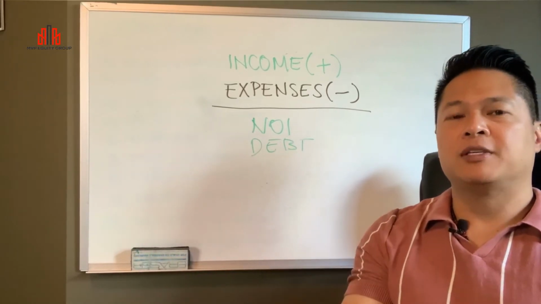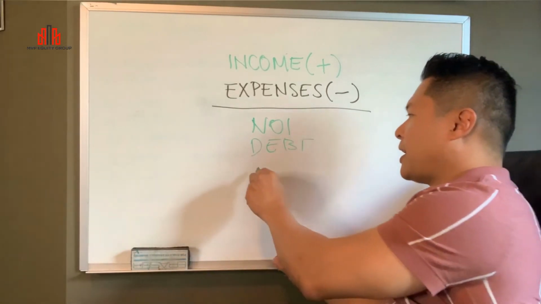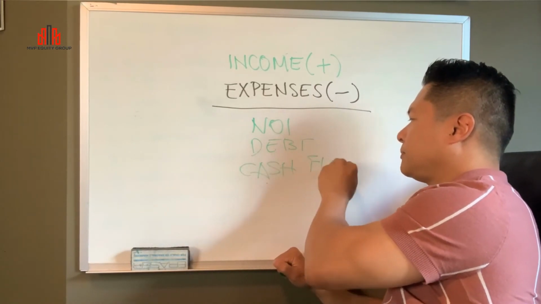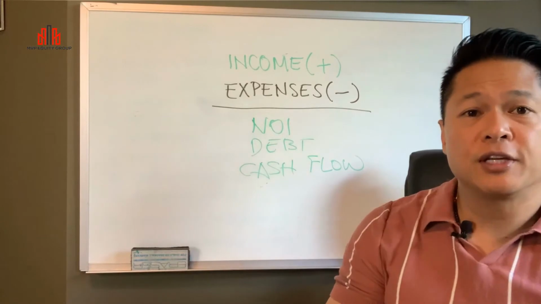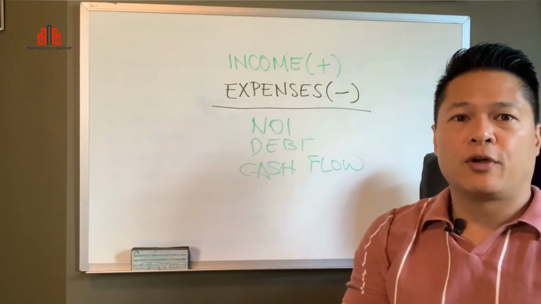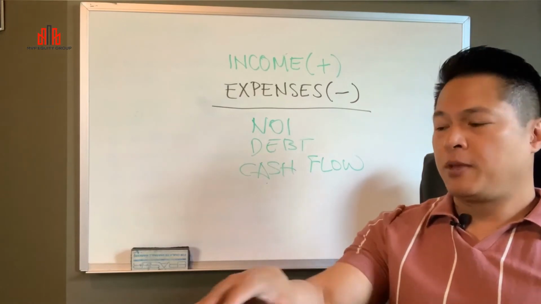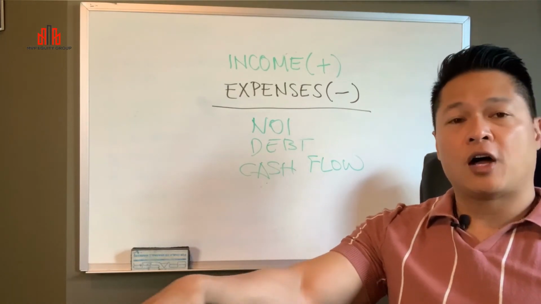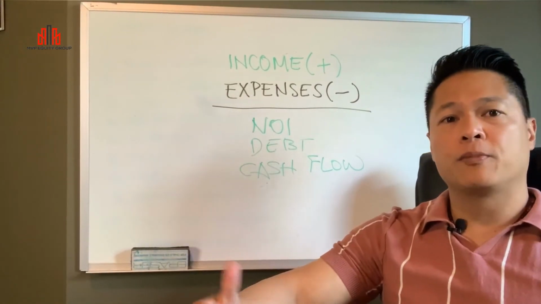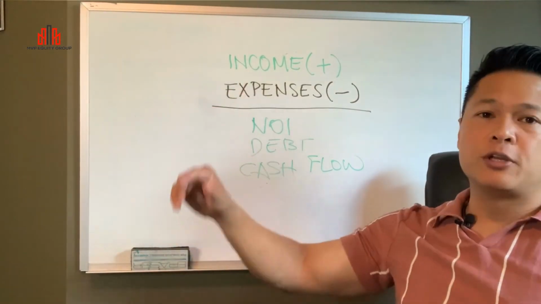The last piece after debt is called cash flow, right? And every single deal I look at goes through this exact same process. If there's no cash flow, it could be that my debt cost is too high, it could be that my expenses are too high, or it could be that my income is too low.